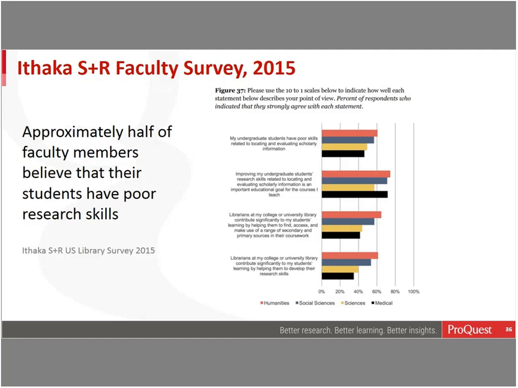In previous cycles of the survey, specifically in 2012, there had been an increase in the share of faculty members who believe that their undergraduate students have poor research skills. Not a good thing, but a good thing is there's a substantial increase in the perceived importance of the role of the library in helping students develop research, critical analysis, and information skills.